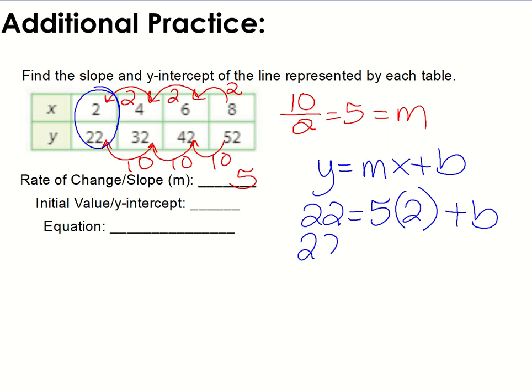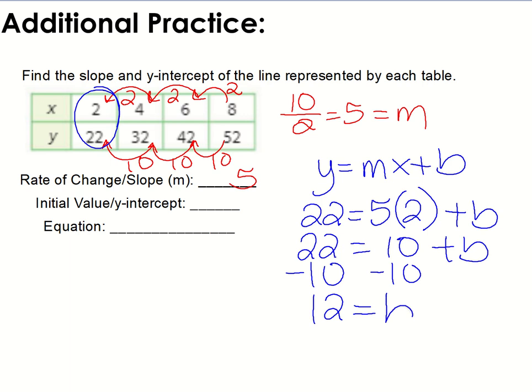So I get 22 equals 10 plus b. I'm going to subtract just like I did on the last problem. And we get 12 equals b. And that goes here. And now since I have these two things, I can write my equation. Y equals 5x plus 12.